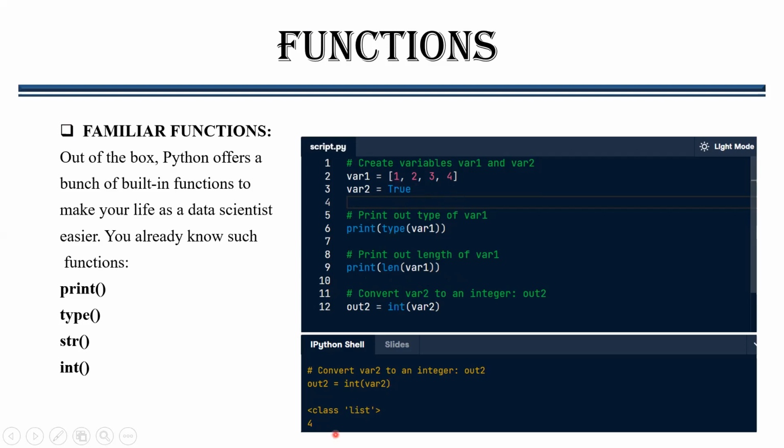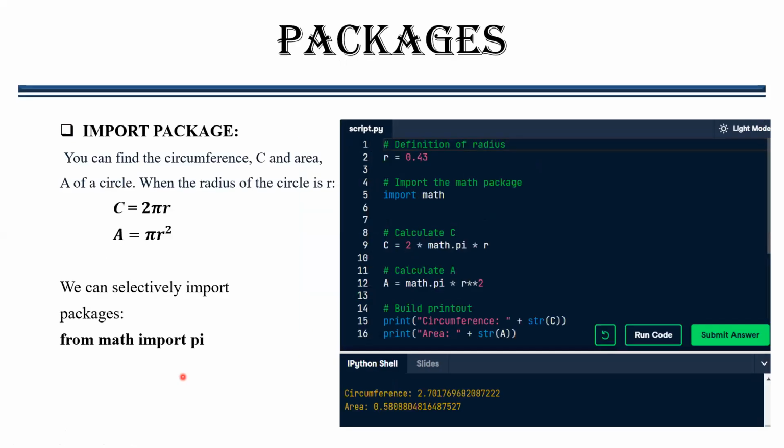Here are some known or familiar built-in functions of Python that make the data scientist's life pretty easy. They include the print function that we use for printing results, type that is shown in the example, and string, integer, and several other functions.